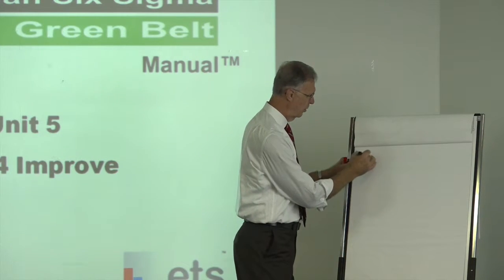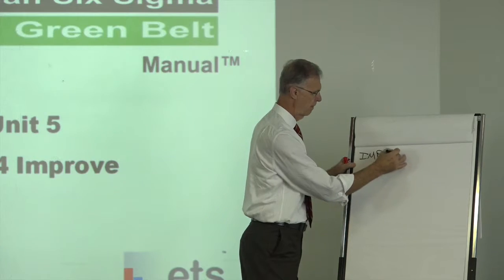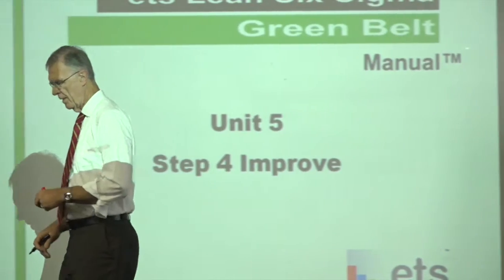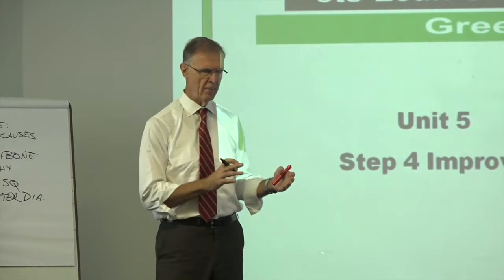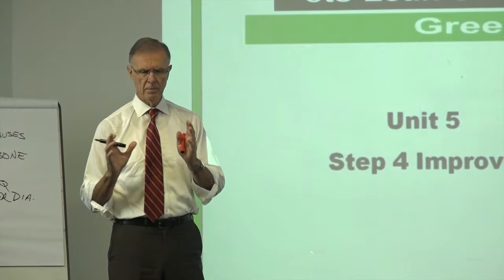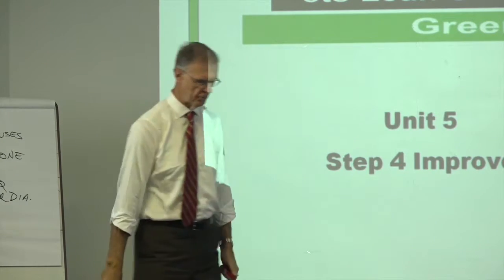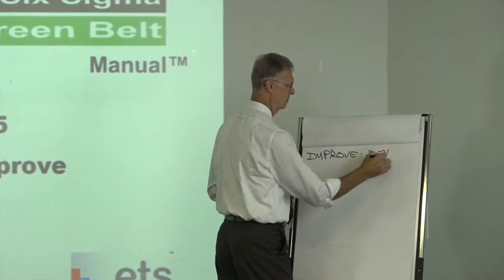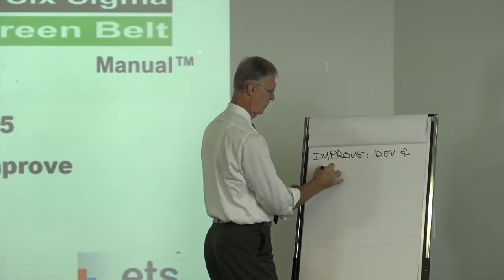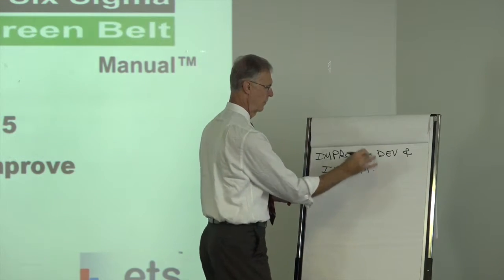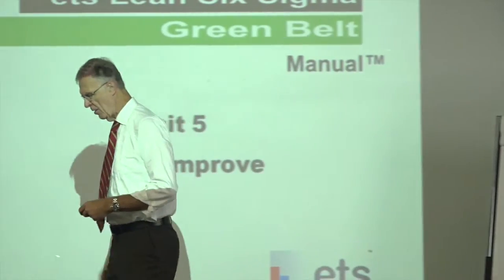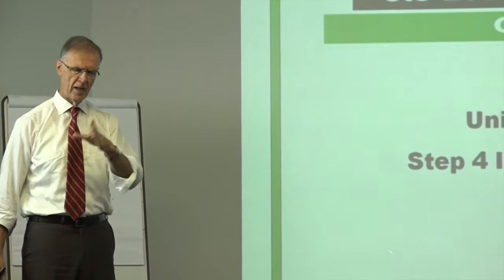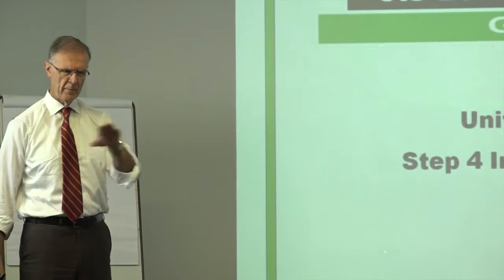Okay, so we go into the improve step. And the purpose of the improve step is to develop and implement practical and feasible countermeasures. So with these countermeasures now, we know what the root causes are, and therefore we need to develop a countermeasure to eliminate each root cause.